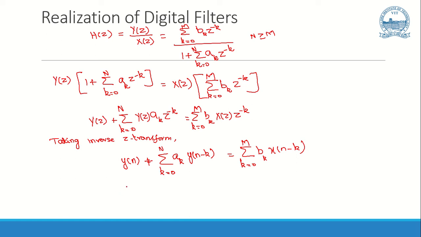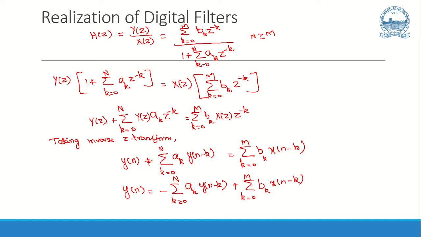So from this, what I can write here is y of n is equal to minus summation k equal to 0 to N a k y of n minus k plus summation k equal to 0 to M b k x of n minus k.